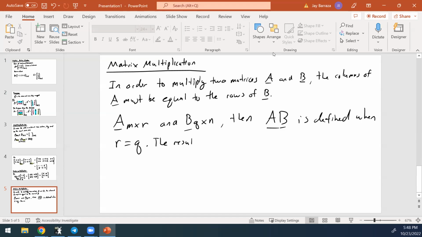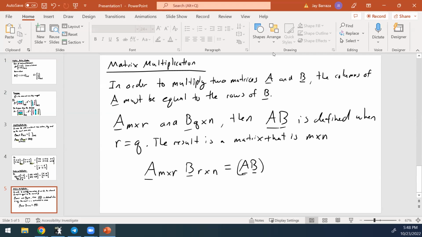The result is a matrix that is M by N. So just to show you an example, A, M by R, times B, R by N, is equal to A times B, M by N, them being multiplied together.